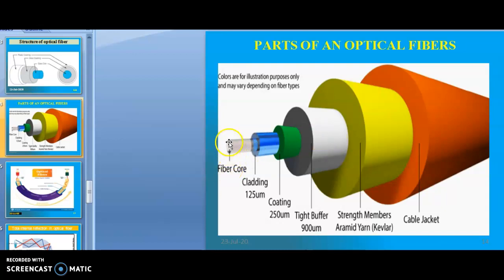If you see the diameter, it is very small, and it is surrounded by cladding, say it is 125 micrometers, and then the primary coating and secondary coating. If you see the diameters, the core and the cladding have very small diameters. So this is the schematic view of optical fiber.